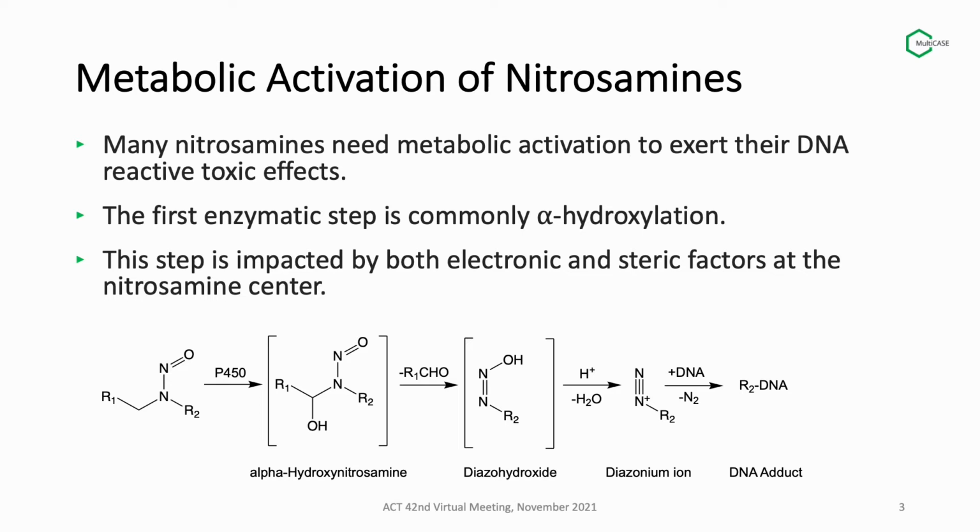In their metabolism, the important step is the alpha hydroxylation, and this alpha hydroxylation step is affected by electronic as well as steric structural features at the nitrosamine center, and these factors will become really important when we'll be developing different types of computational approaches to assess the potency of the nitrosamines.